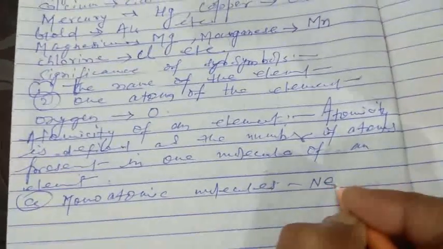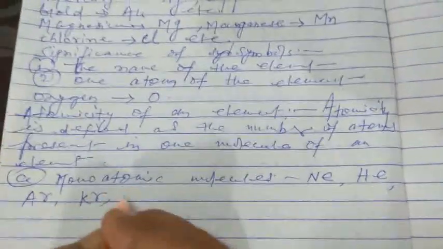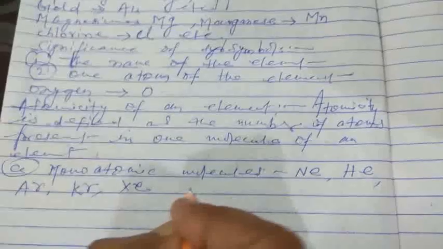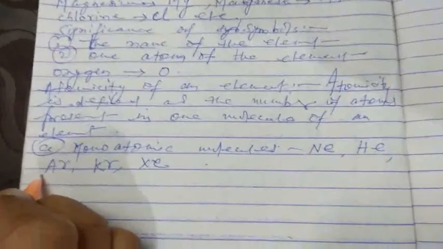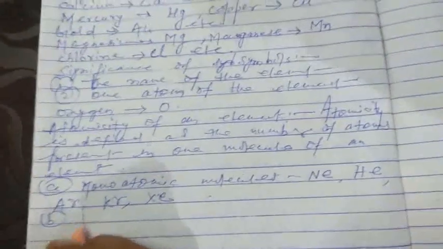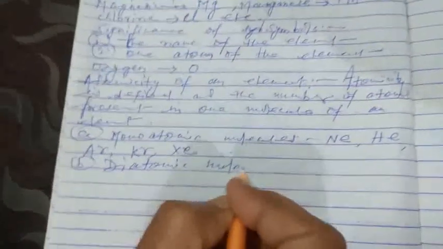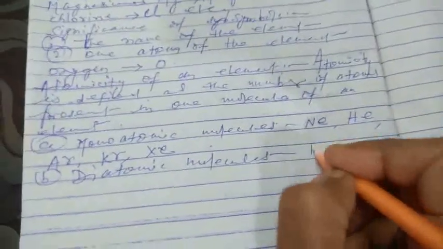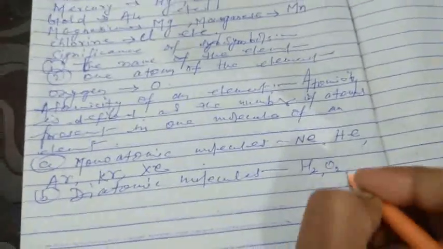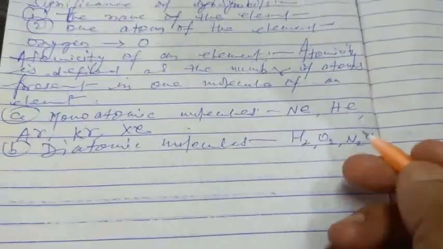Neon symbol Ne, helium He, argon Ar, krypton Kr, xenon Xe are the examples of monoatomic molecules. Now, second, diatomic molecules. They contain two atoms in their molecules. For example, hydrogen, oxygen, nitrogen, chlorine Cl2 are examples of diatomic molecules.